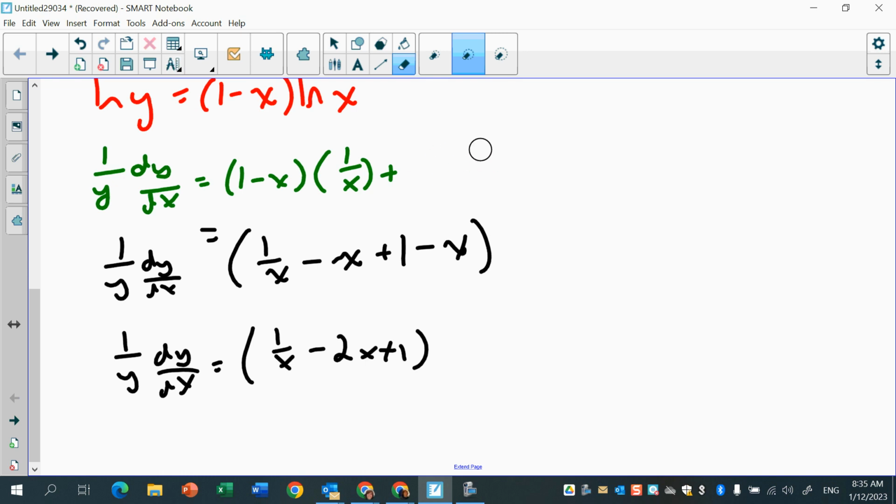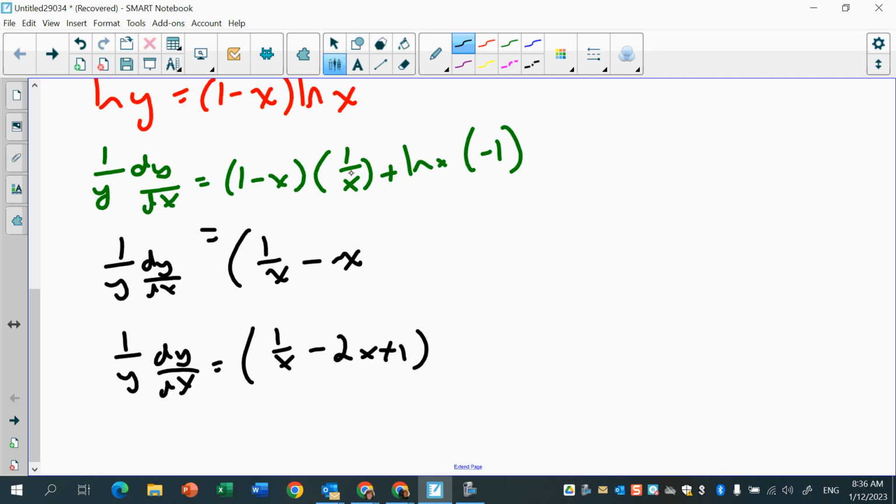Okay, so this is the first times the derivative of the second plus the second times the derivative of the first, because I didn't do that correctly. There we go. That's much better. I was like, there's something wrong. I'm fixing myself.